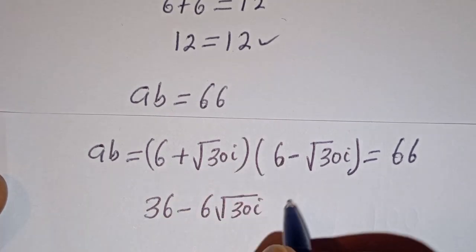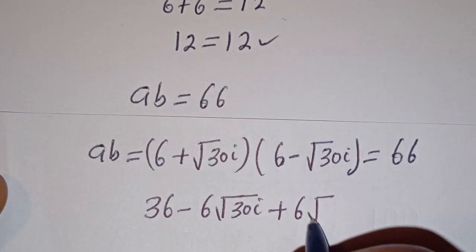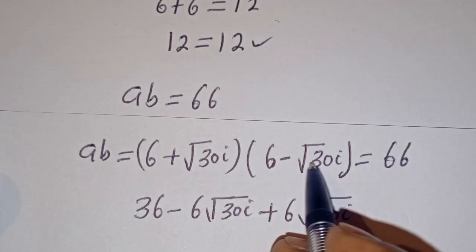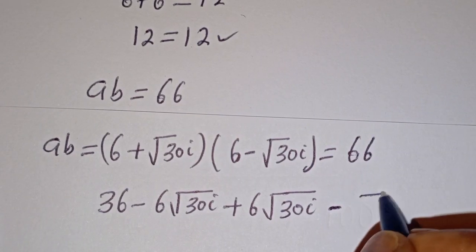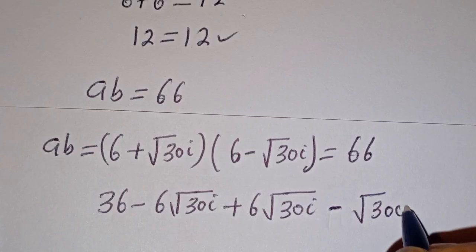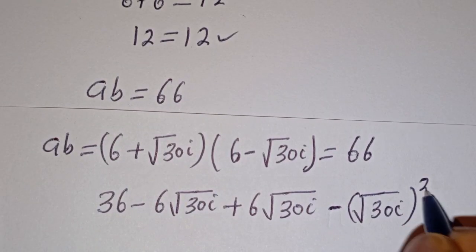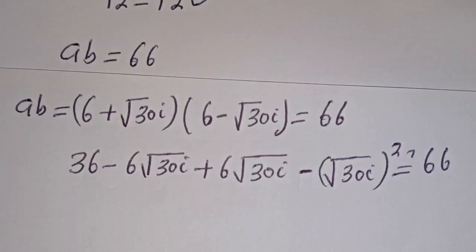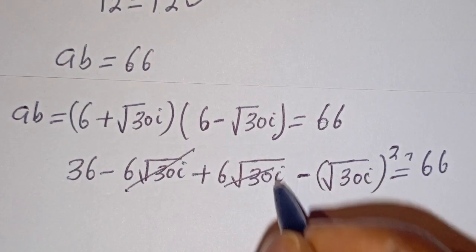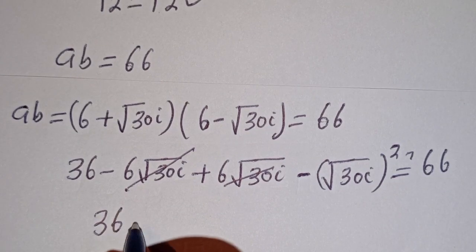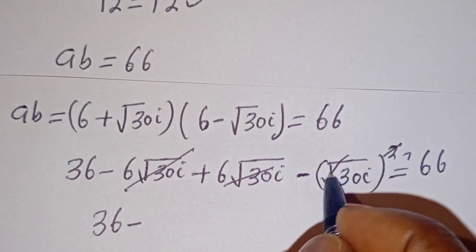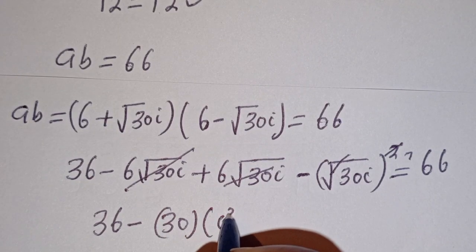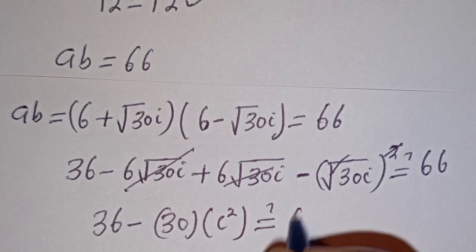Root 30i multiplied by 6, this is plus 6 root 30i. Then root 30i multiplied by minus root 30i, this is minus square root of 30i all square must be equal to 66. And from here, we cancel this. We have 36 minus 30 multiplied by i square must be equal to 66.